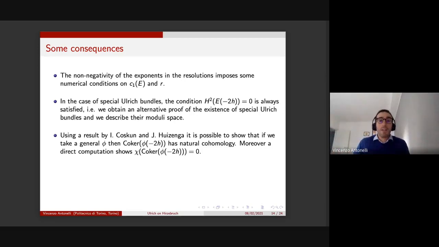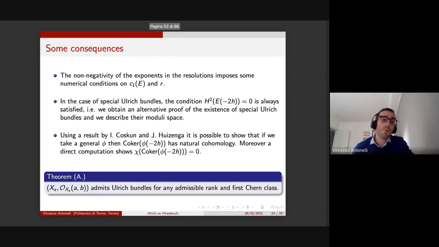In particular, the H1 and the H2 are equal to each other. If it has natural cohomology and you also know that the Euler characteristic is equal to 0, then they must both be equal to 0. And in particular, as a consequence of this strategy, we will have the second theorem, and that is the fact that every Hirzebruch surface for any polarization admits Ulrich bundles for any admissible rank and any admissible first Chern class.